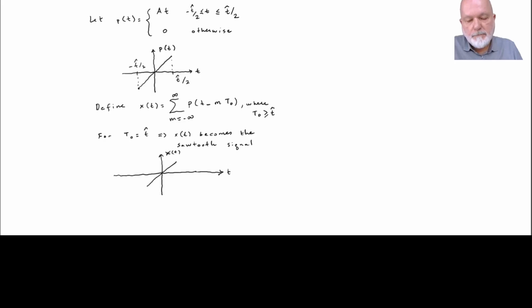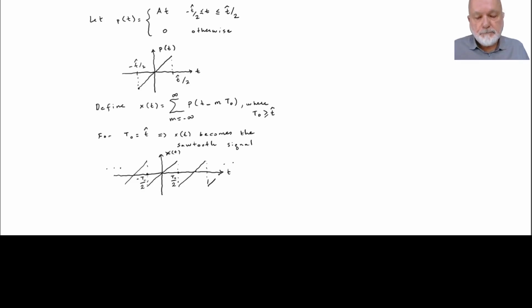So it will be the following signal, etc. So we have the periodic repetition of this. Now you see that this point here is T0 over 2, and this point here is minus T0 over 2. So t cap equal to T0 gives us the Sawtooth signal.